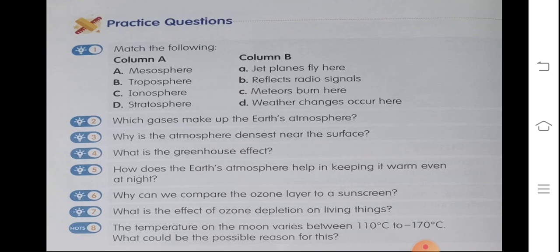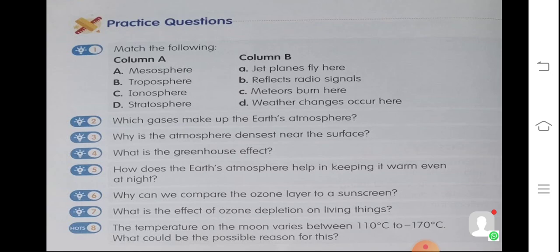Question number 5, how does the Earth's atmosphere help in keeping it warm even at night? So the answer is the Earth gets heated up by the rays of the sun. Most of the sun's rays are absorbed by the Earth. Some rays are reflected back.